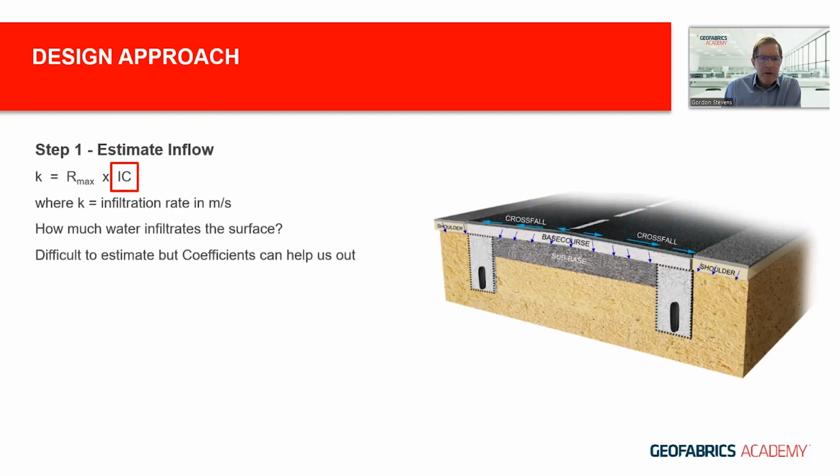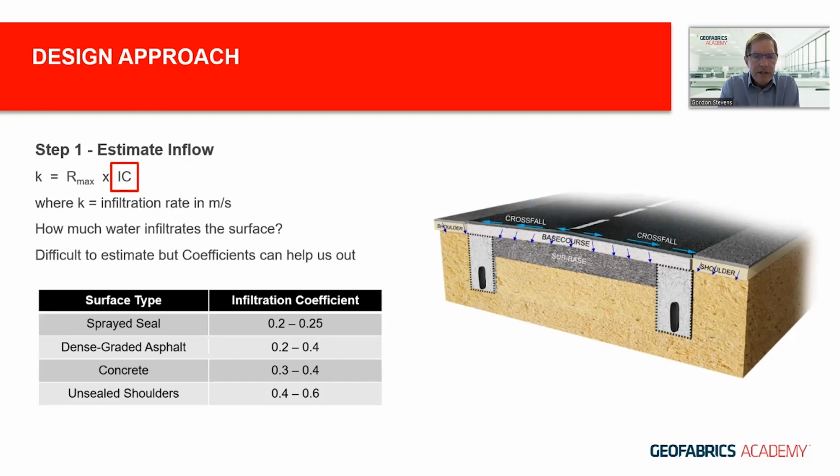It's difficult to estimate these coefficients, but there is guidance to help us out with that. This is a table of the infiltration coefficients for different seal types that we use in design. Bearing in mind that when we are considering the infiltration into the pavement, we are looking at both the pavement section and the shoulders. So these will require different infiltration coefficients.